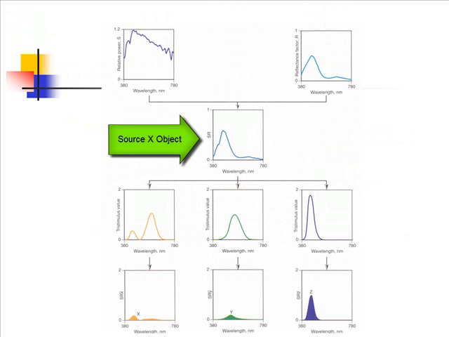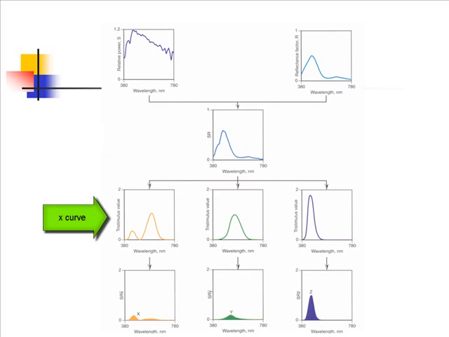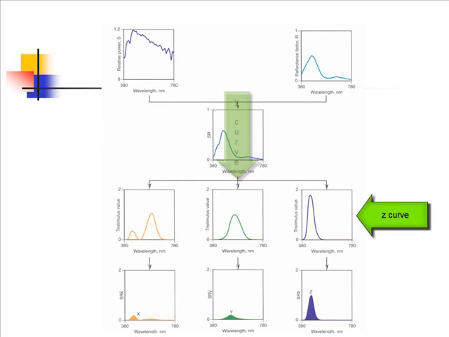That is the light source multiplied by the object. Then we take that curve and multiply it times the x curve, the y curve, and the z curve for the standard observer. Remember, it's not the RGB anymore, but x, y, and z.